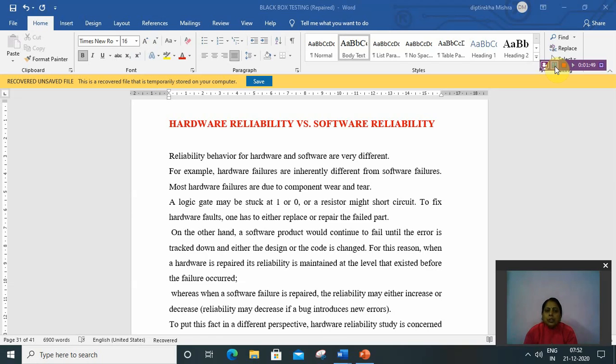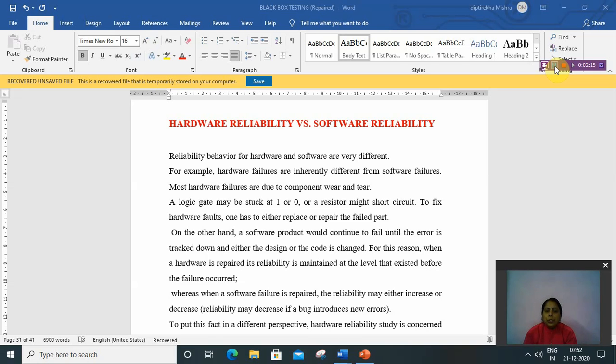For example, a logic gate may be stuck at 1 or 0, or a register might short circuit, and to fix the hardware fault one has to either replace it or repair it. On the other hand, a software product would continue to fail until the error is tracked down and either the design or coding is changed.